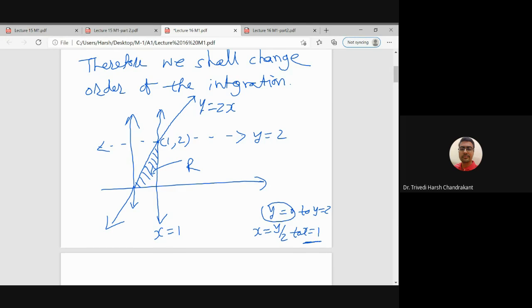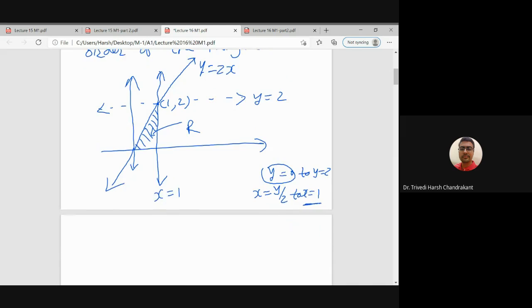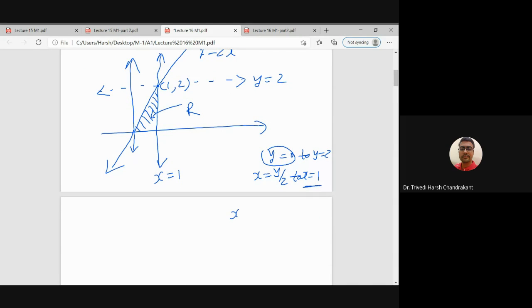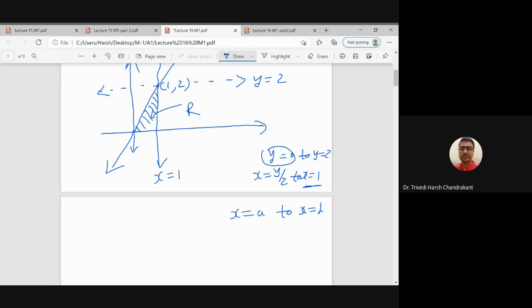So if we want to change the order of the integral, we need to find two constant values of x, and we need to find functions y equals h1(x), y equals h2(x), right? So let us do that first.